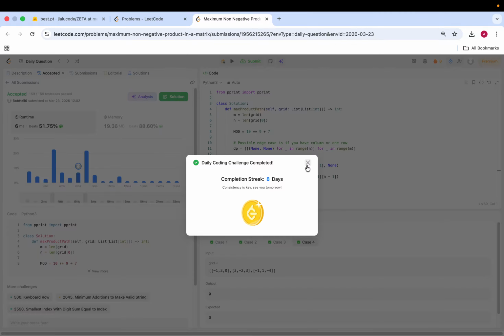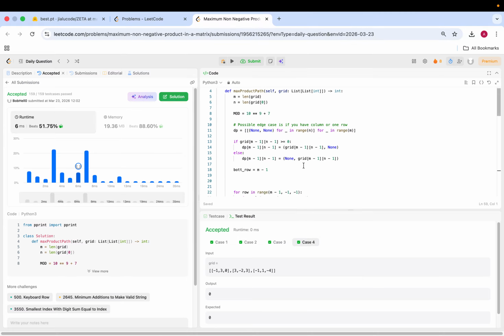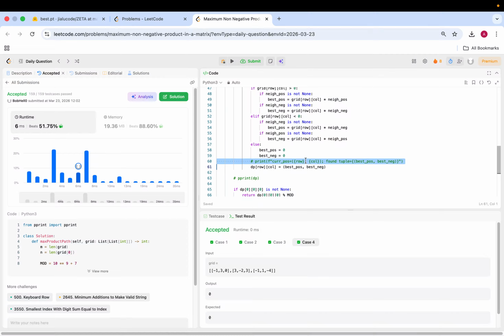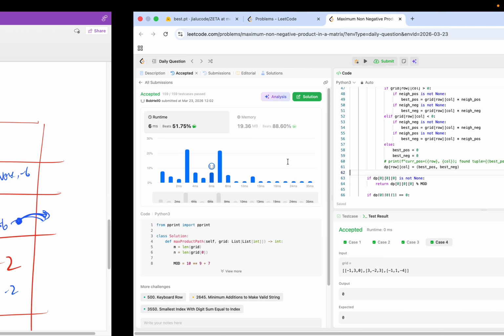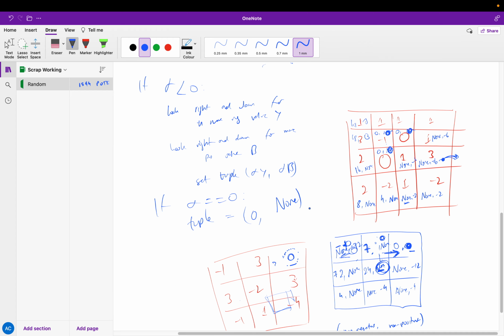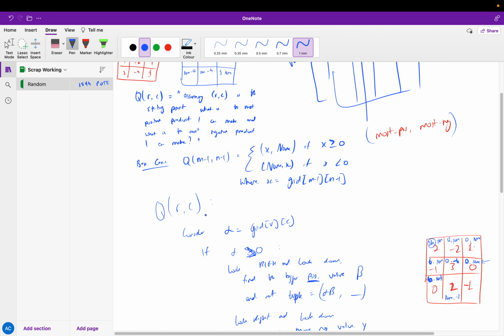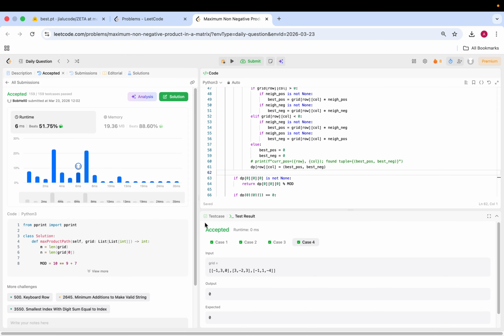Okay, nice. I actually think now with this structure, it is much more comfortable to prove this, because you define your tuple, the output of your subproblem, to be the most positive non-negative number you can make, right?